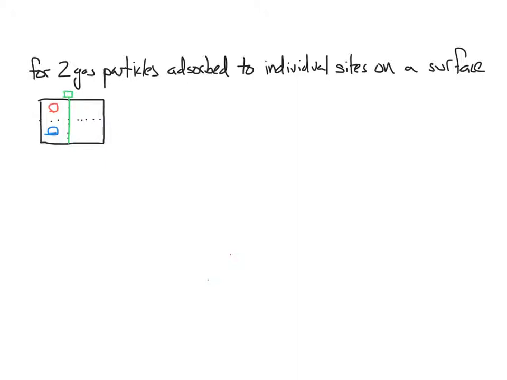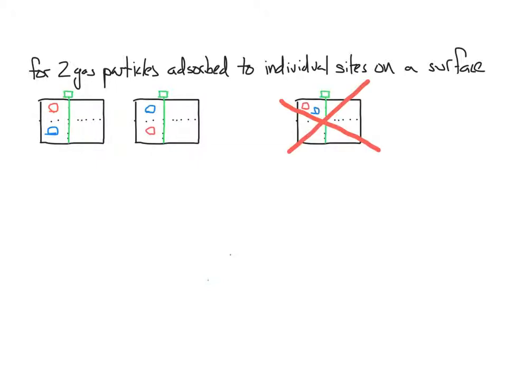There's one configuration where the red particle is in the top surface site and the blue is on the bottom. And then the second possible energetically equivalent configuration is where they flip positions, where the blue is on the top and the red is on the bottom. Because these are individual adsorption sites and double occupancy is not allowed, there is no other possible configuration.